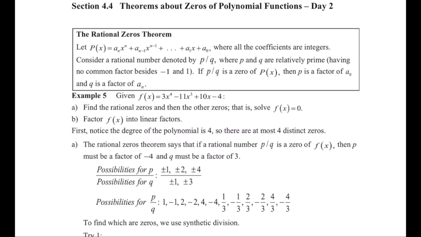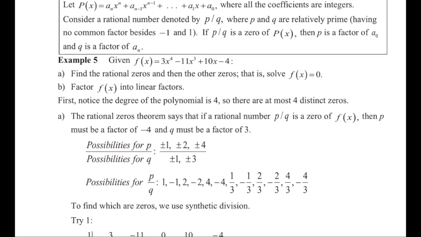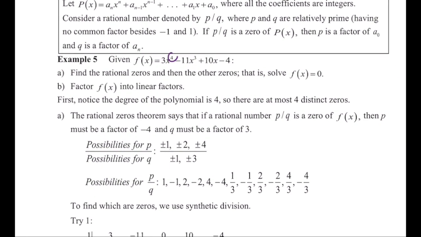I see it's written in descending order. Looking at that degree of 4 here, I'm going to have at most 4 distinct zeros, some of which may be complex, so keep that in mind. So here are the ways in which I can find the potential zeros of this polynomial.